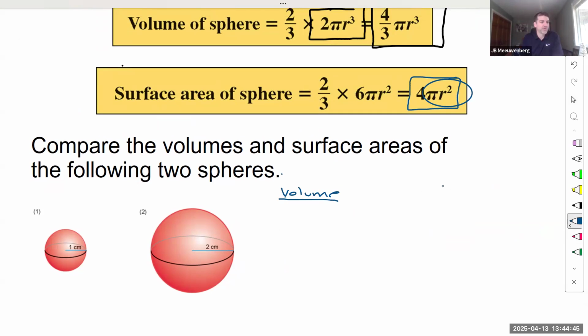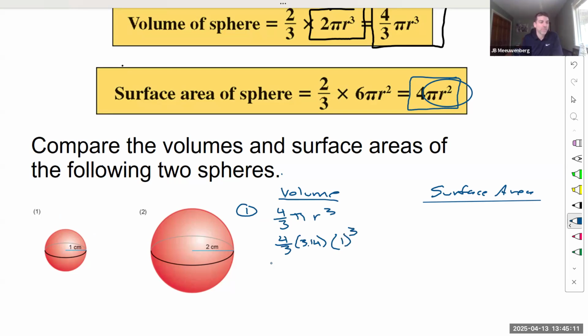So I will calculate volume here and surface area here. The volume of the sphere, first we'll do sphere number 1, the small one. The volume is 4/3 pi r cubed, which is 4/3 times 3.14 times the radius, which is 1 centimeter cubed.